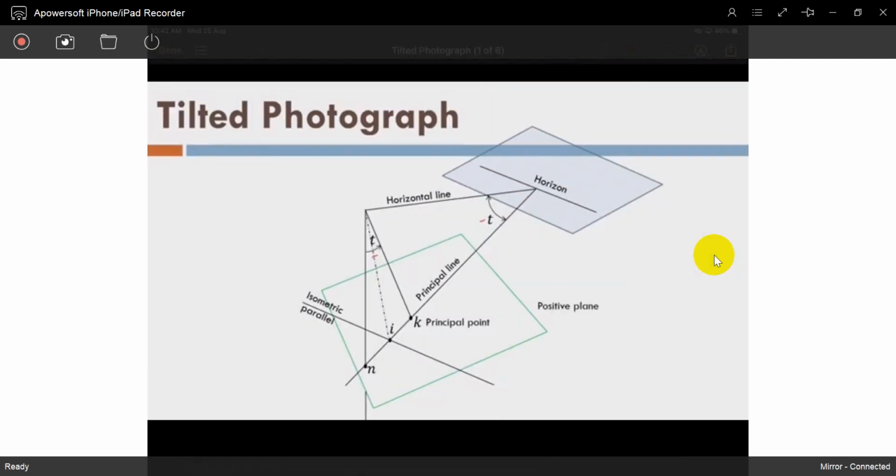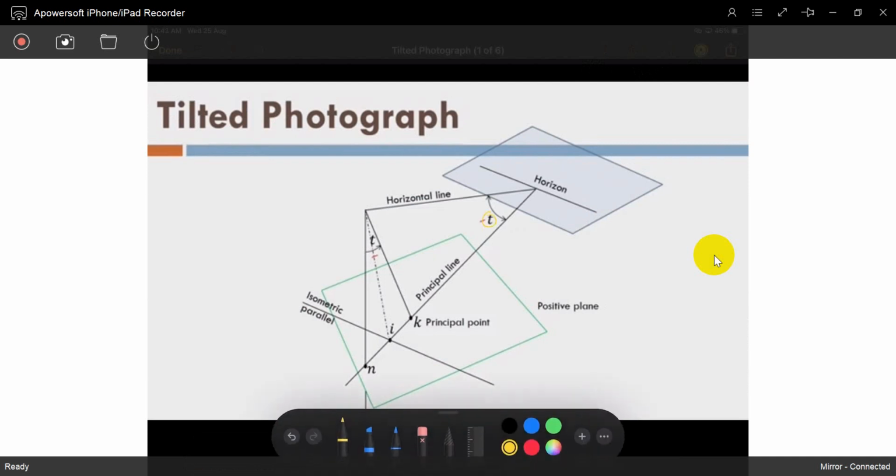So see this first photograph, the tilted photograph. The tilt is relative to the horizontal plane, maybe downwards or upwards, just a tilt of t degrees. This is the principal plane, and the optical axis is tilting.